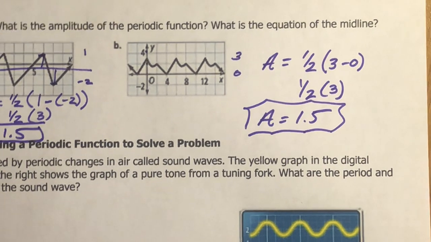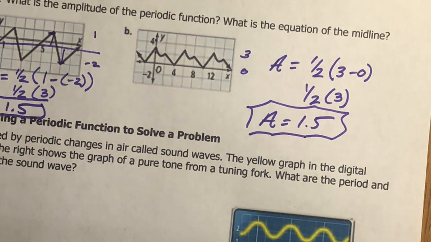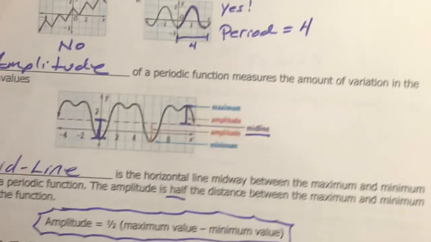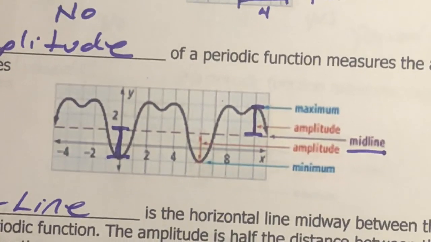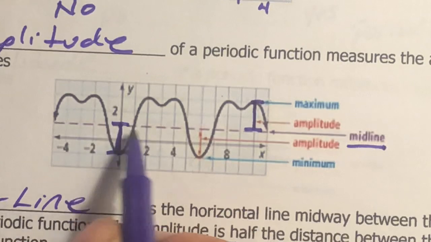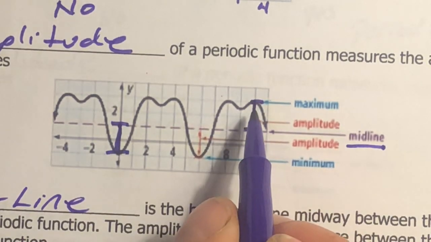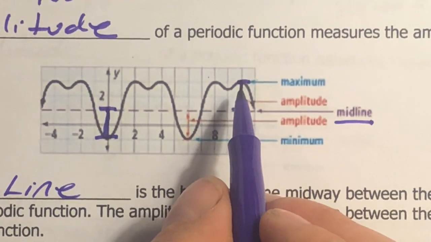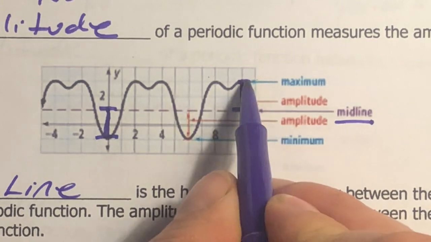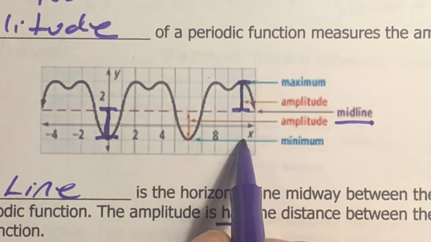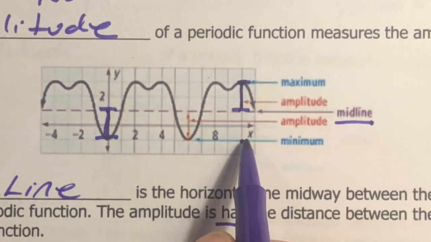And then we also have amplitude. Remember, amplitude is from the midline up. The biggest mistake that I'll see you make is taking the whole distance from the max to the min as the amplitude, and that's not the case.